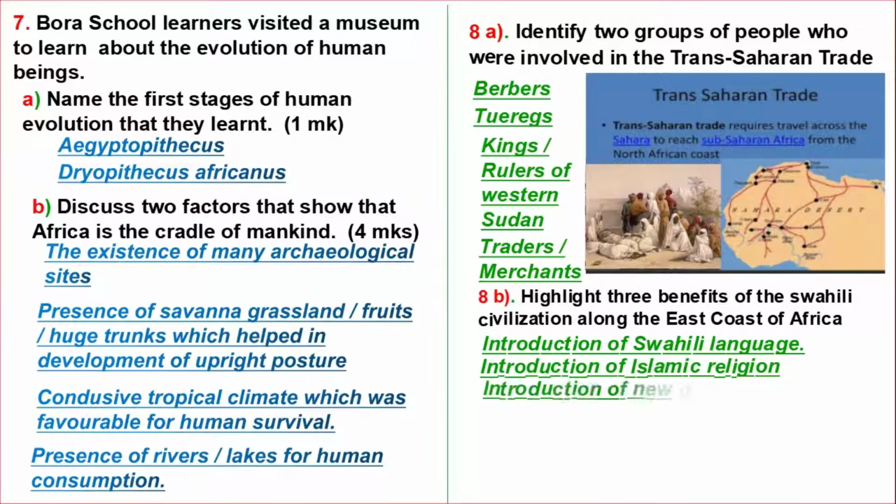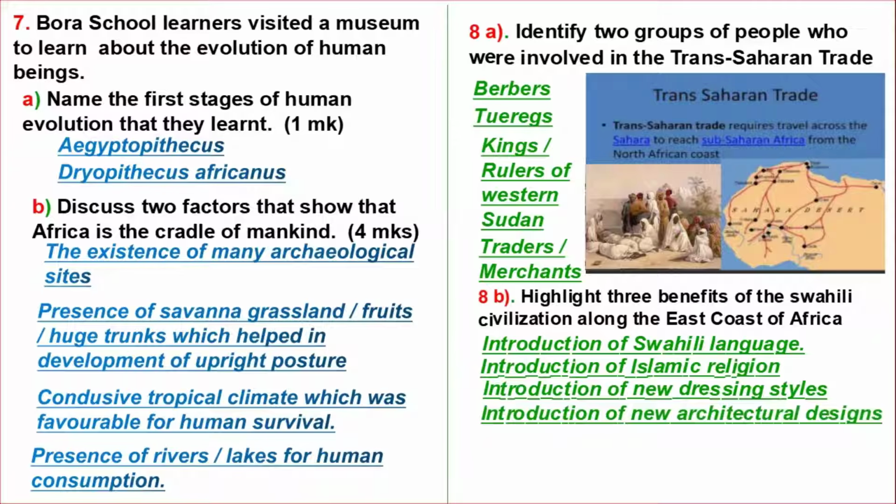Then we have introduction of new dressing styles and even clothing. Then another one is introduction of new architectural designs, like the houses we have today, the permanent buildings.